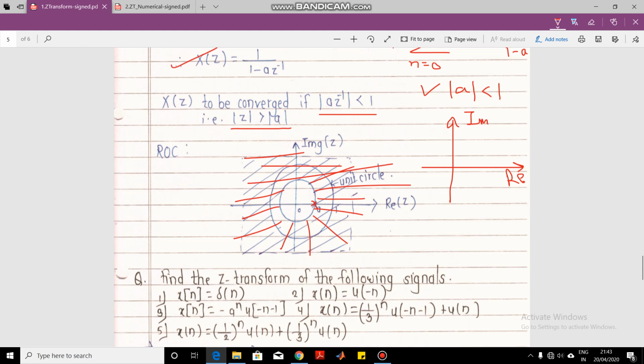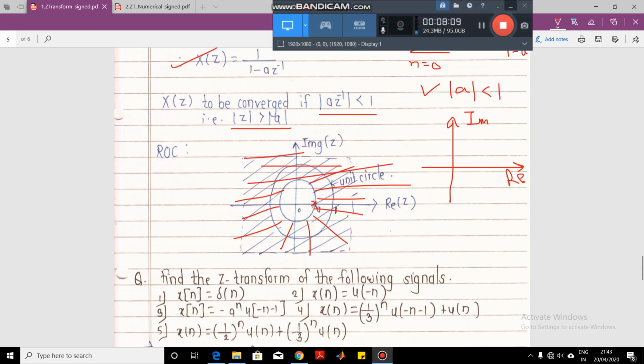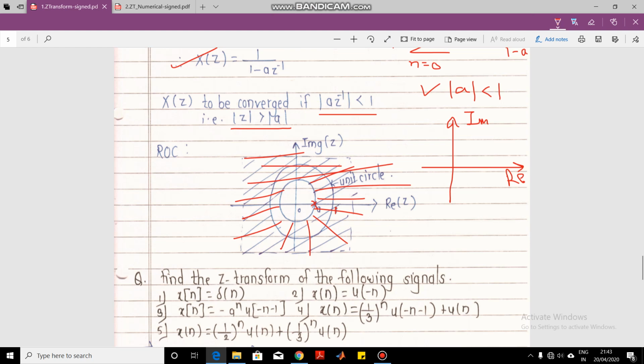And here, just for our convenience, we draw a unit circle. So this is 1. At 1 we draw a circle which is called the unit circle. The significance of the unit circle we will come to know when we see the concepts of stability and causality and so on. But it is a normal practice that whenever we draw the region of convergence, we also draw the unit circle in that ROC.